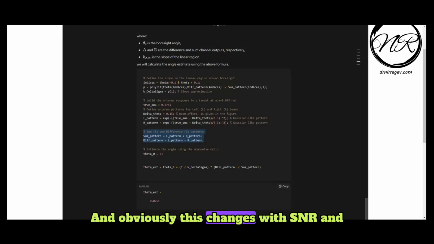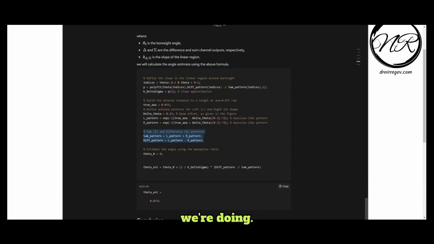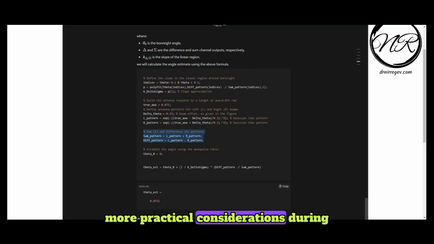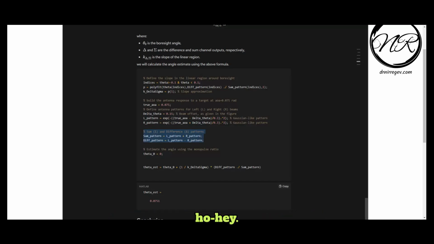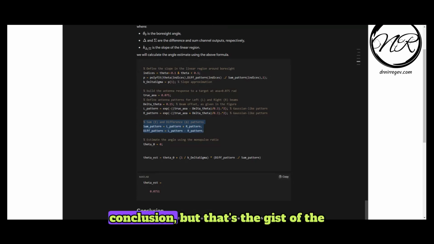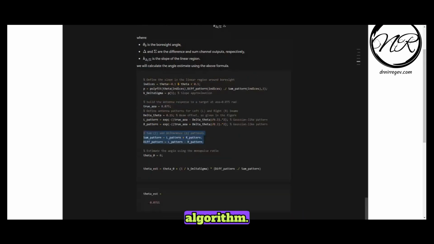And obviously this changes with SNR, and it changes with the quality of the calibration that we're doing, and hopefully we're going to discuss more practical considerations during this podcast episode and leverage Jorge's experience in amplitude comparison monopulse. So that is the gist of the algorithm, and then there is a short conclusion.